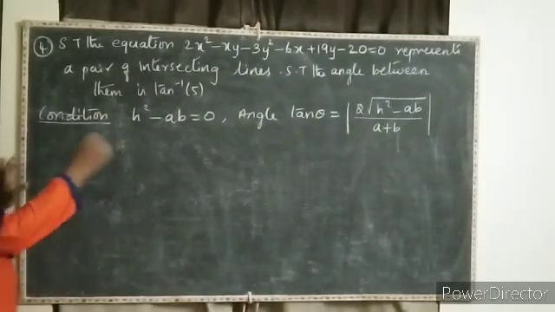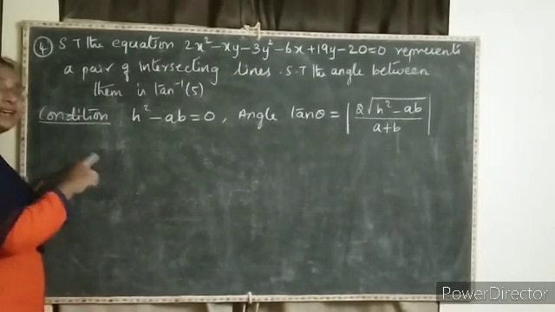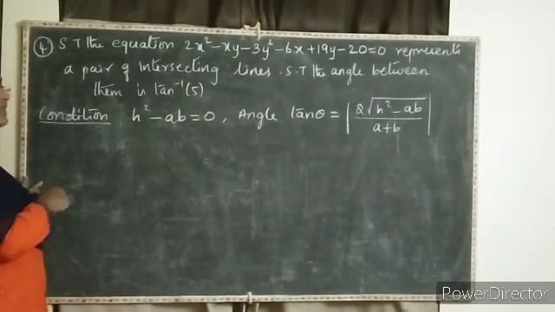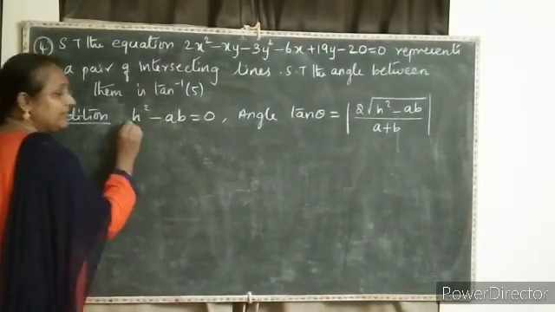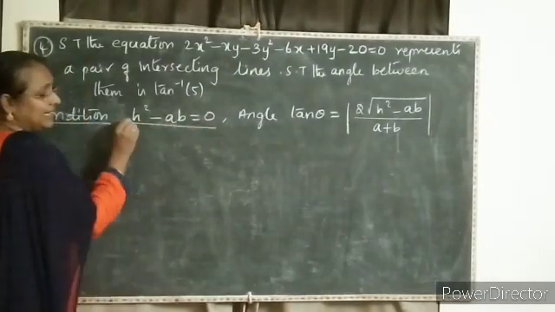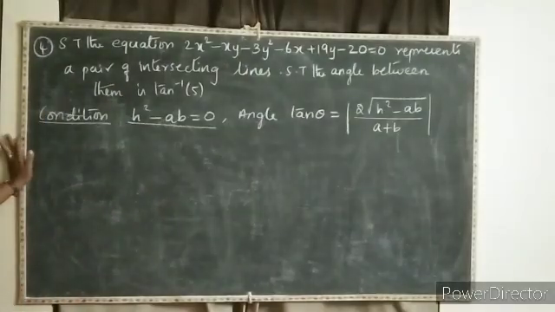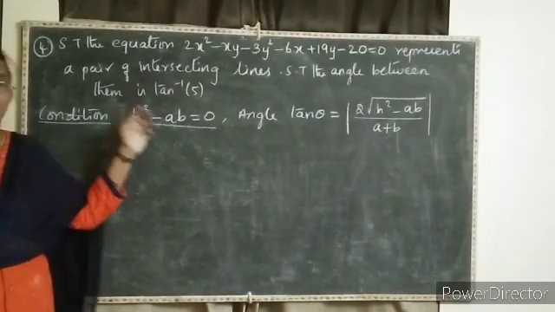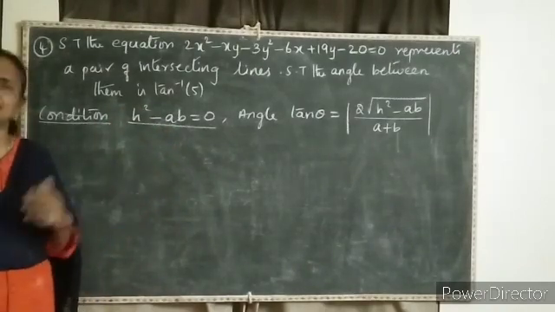Very simple. We know that the condition for the two lines to be parallel is h squared minus ab equal to 0. If this is satisfied, I can say the given two lines are parallel lines. If this condition is not satisfied, I can say the given two lines are intersecting lines.